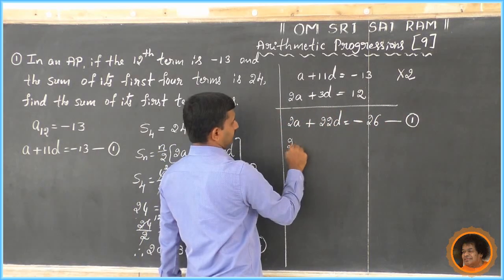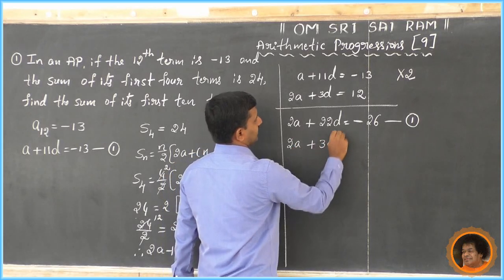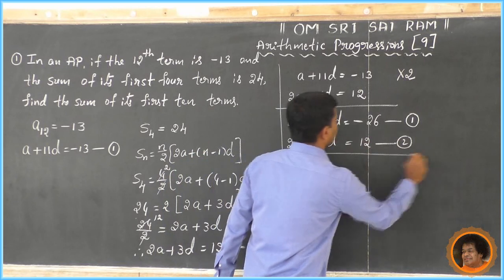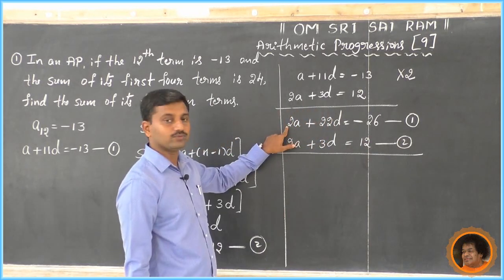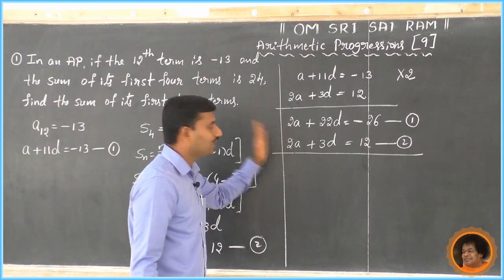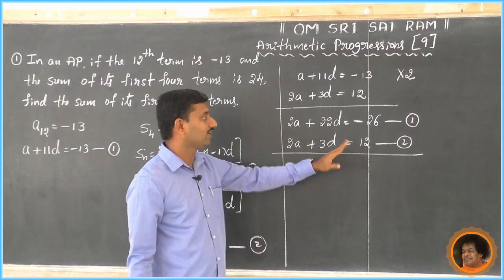And the next, the same equation 2a plus 3d equal to 12, equation number 2. Now look at the coefficient. Here the coefficient is 2, here also 2. So same coefficient. Now eliminate one of the variables by adding or subtracting.